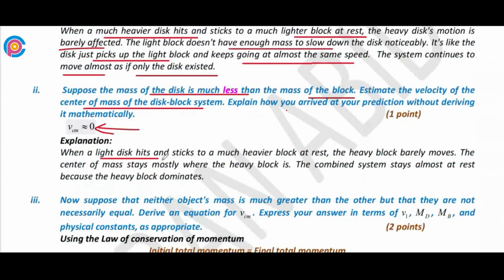So the lighter disk hits and sticks to the much heavier block at rest. The heavy block barely moves. The center of mass stays almost where the heavy block is. The combined system almost rests because the heavy block dominates. That's the reason the velocity of the center of mass is almost zero.